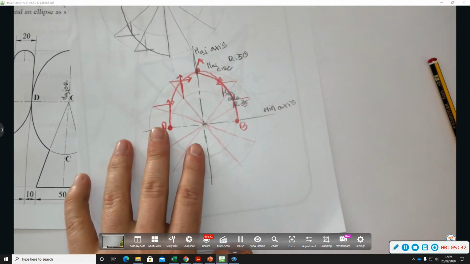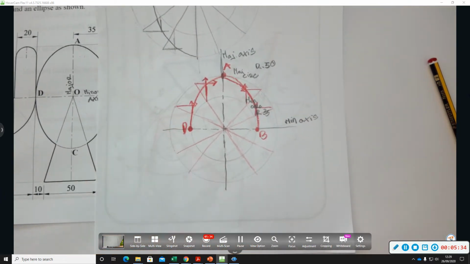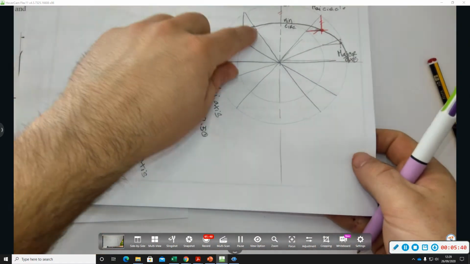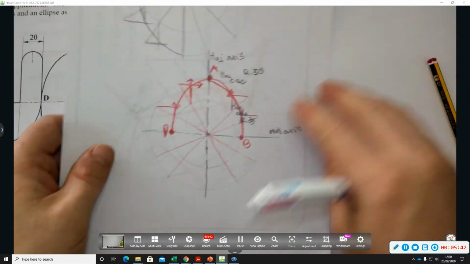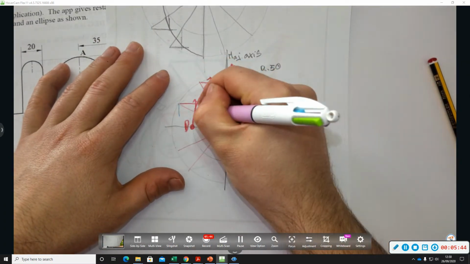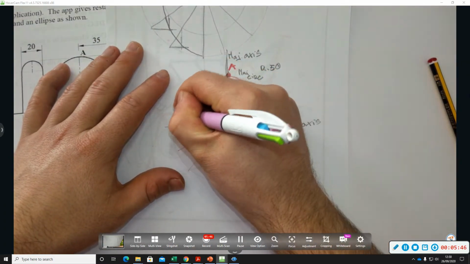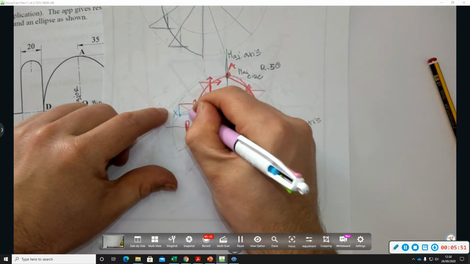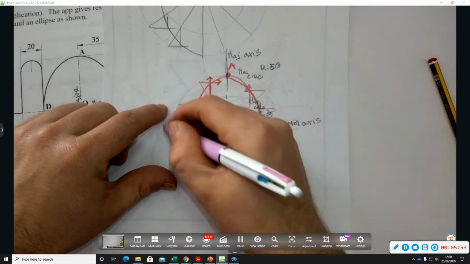Now, two common mistakes students make in this scenario. They'll go the wrong way with the lines. They'll go, as they've done here, down and across, which is what they learn in their head. So the blue here is wrong. If you do that in blue, you'll get the ellipse going around that way.